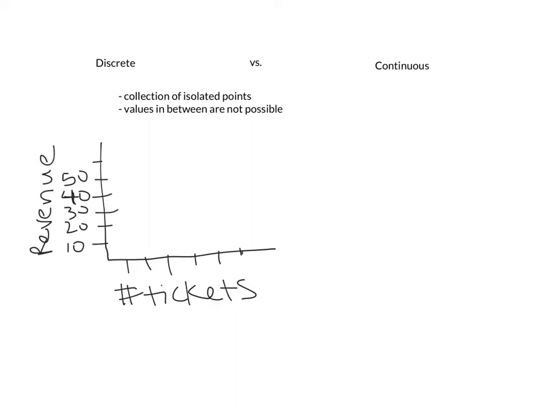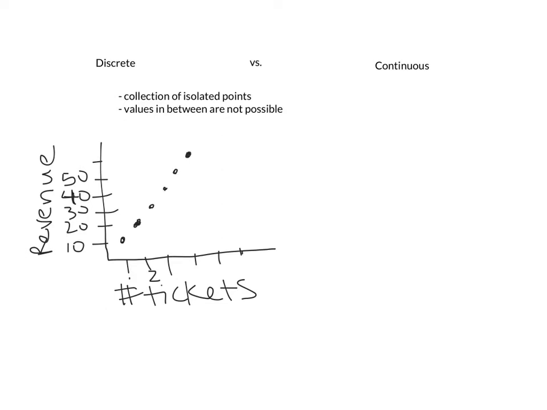In this case, if you sell one ticket, you're going to make $10. If you sell two tickets, you're going to make $20. You can't sell half a ticket, so you can't have a connection between those. So while the relationship is linear, it can only take on these whole number values.